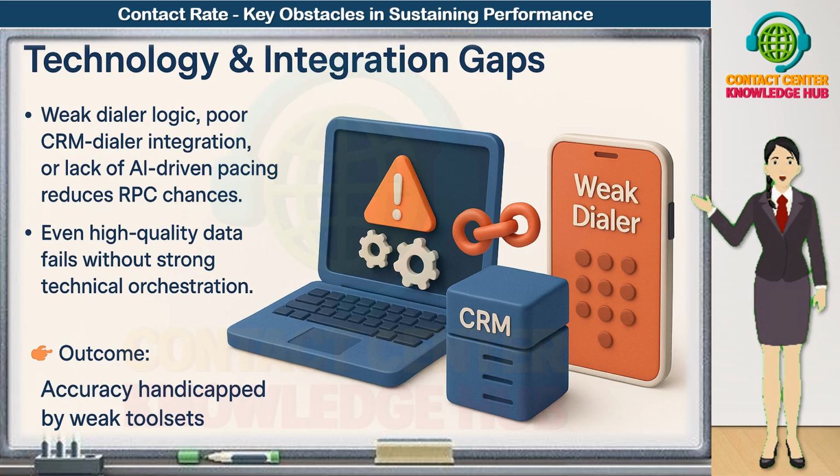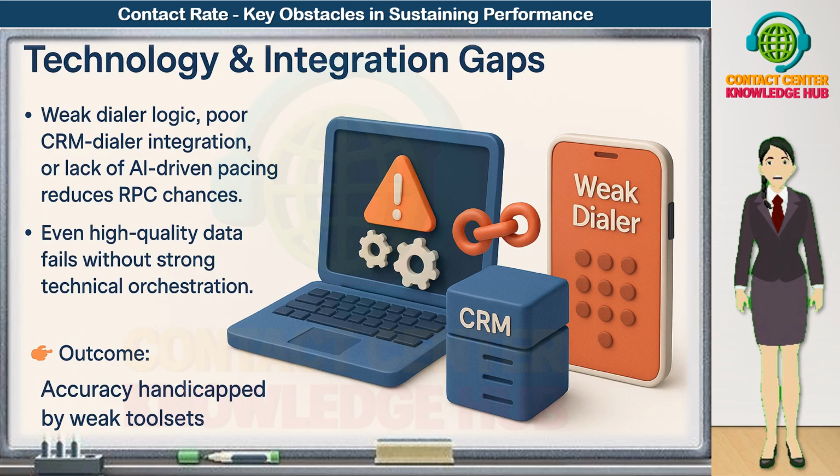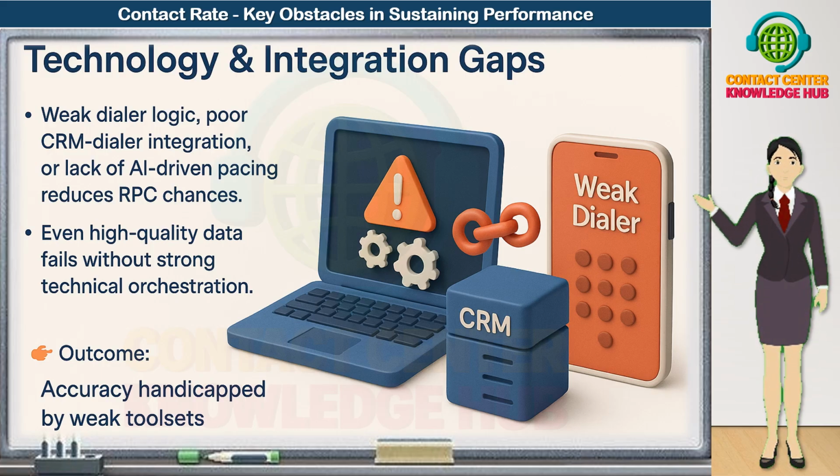Similarly, without AI-driven pacing and routing, your system can't intelligently adjust to real-time connect patterns, resulting in missed opportunities and contacts. In other words, data alone doesn't drive success. It's the technical orchestration that determines how efficiently every dial converts into a meaningful conversation.